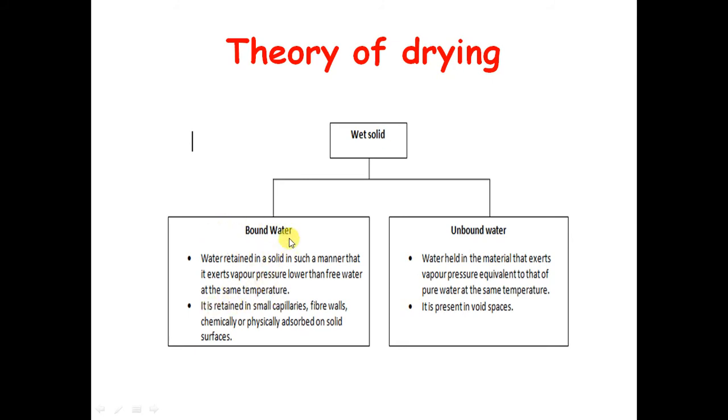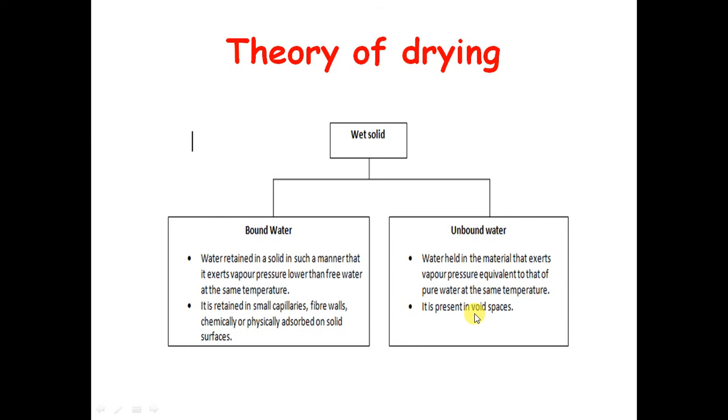This bound water is retained inside the small capillaries and fiber walls, and it is chemically or physically absorbed on the solid surfaces. Now let us see what is unbound water. The unbound water is the amount of water held by the material that exerts an equilibrium vapor pressure equal to that of pure water at the same temperature. It is mostly present in void spaces.